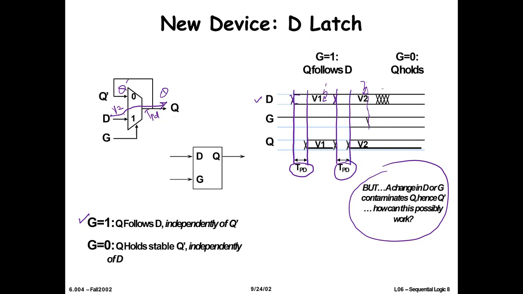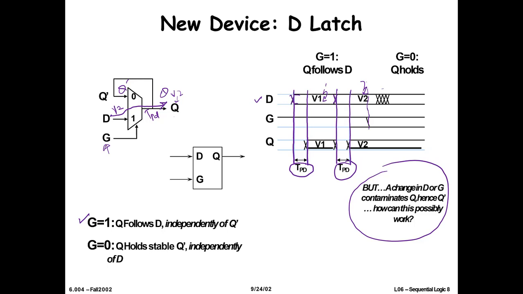Before V2 propagates to this point, before V2 reaches Q, in that duration of time, you also change G. So while V2 is moving from D to Q, you have changed the value of gate.